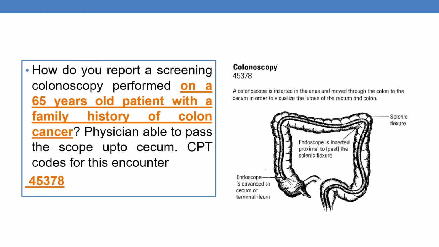A colonoscope is inserted in the anus and moved through the colon to the cecum in order to visualize the lumen of the rectum and colon. That is nothing but colonoscopy. The correct CPT for diagnostic colonoscopy is 45378.